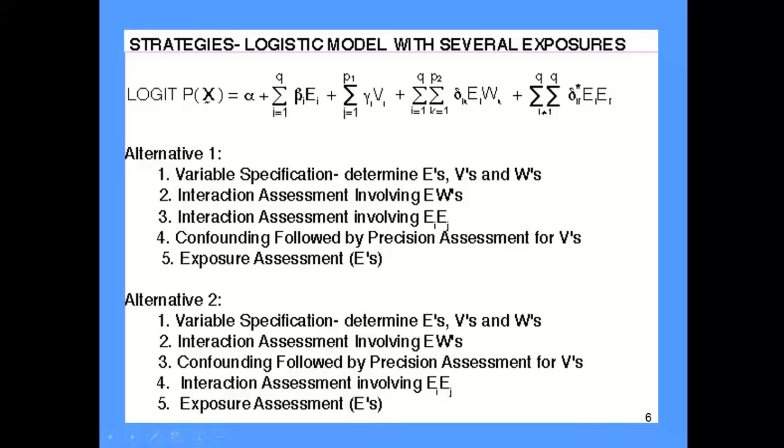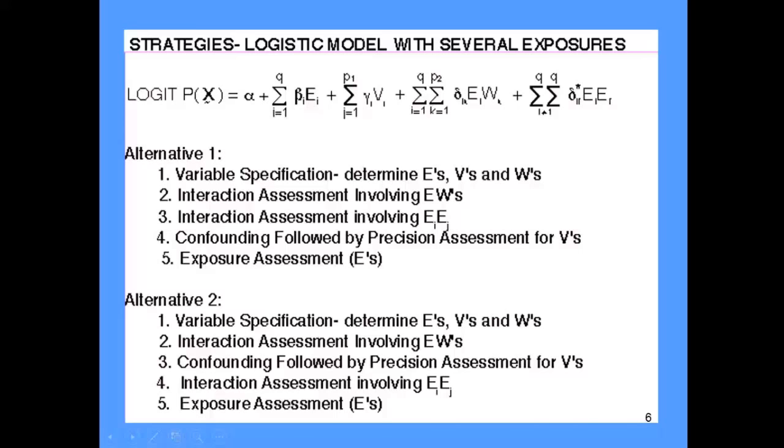That's in this one. What about this second step? So the second step in each of these two strategies is the same. That reflects what I originally was saying, that you shouldn't try to look at interaction about the EEs until you dealt with interaction about the EWs.